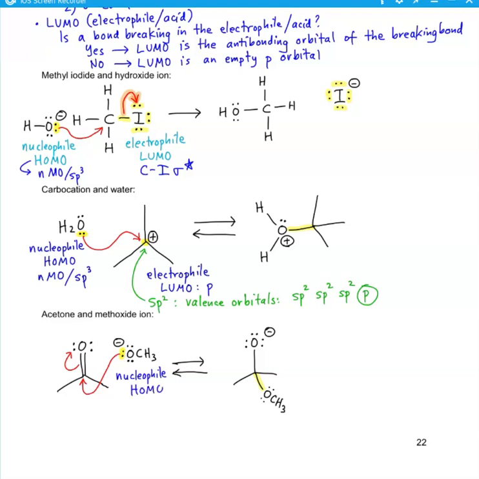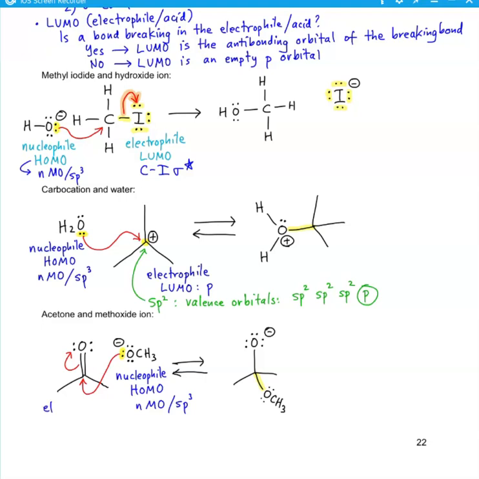As such, it's using its HOMO. This is a non-bonding pair of electrons, and so we can specify that the HOMO is a non-bonding molecular orbital. Or, just like we did for the previous two examples, we can use the hybrid orbital label for what that lone pair is contained in, and that would be an sp3 orbital.